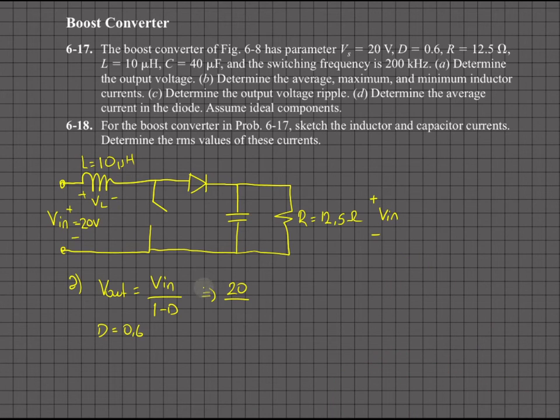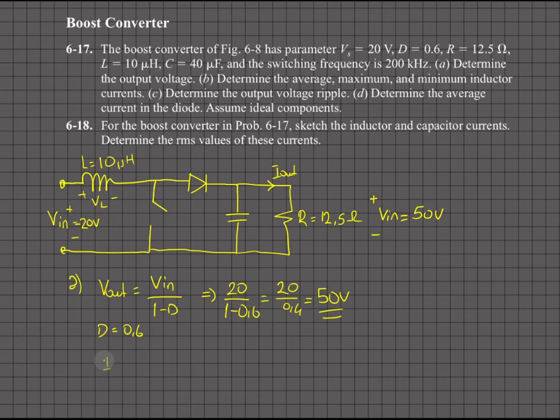So let me get rid of myself here, and it is 1 minus 0.6, so it is 20 divided by 0.4, so I have 50 volts, right? So the output voltage is 50 volts under steady state conditions. So actually I can calculate the output current here.